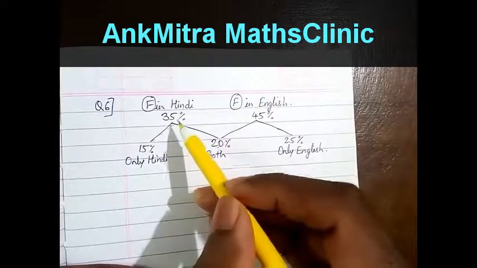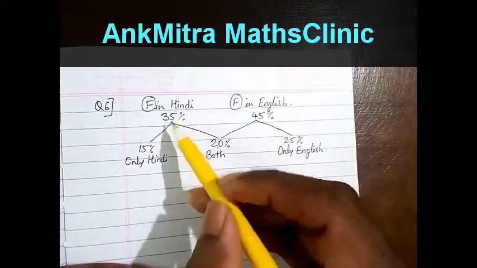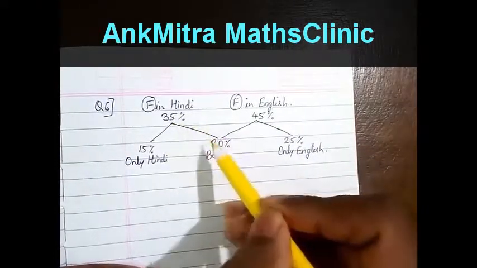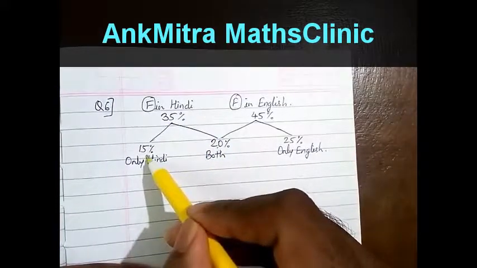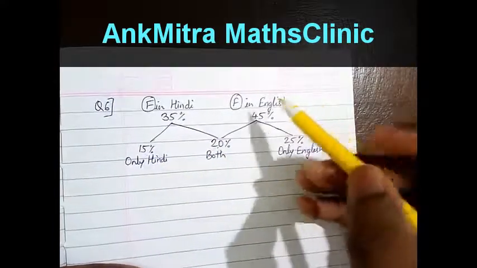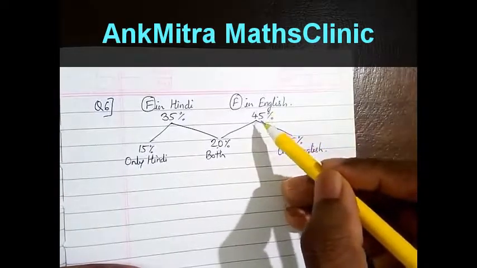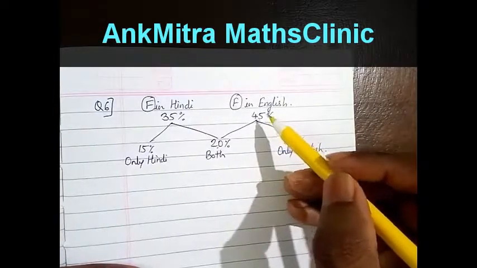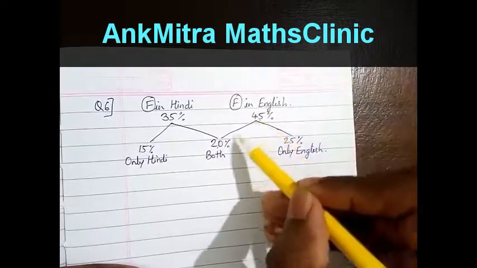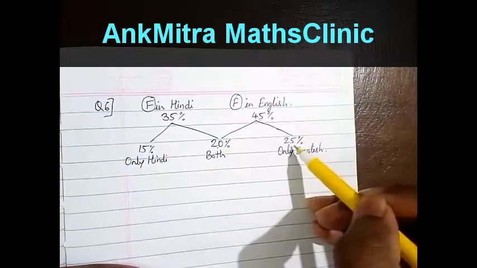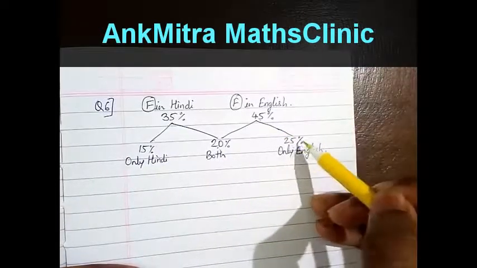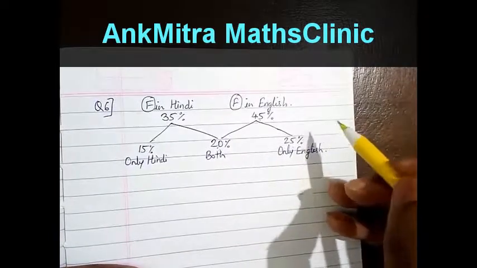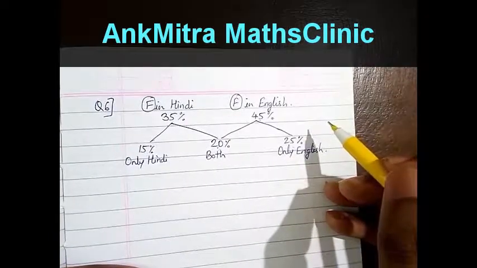So the percentage of students that failed only in Hindi will be 35% minus 20%, which is 15%. Similarly, the percentage of students which failed only in English will be 45% minus 20%, which comes to 25%.